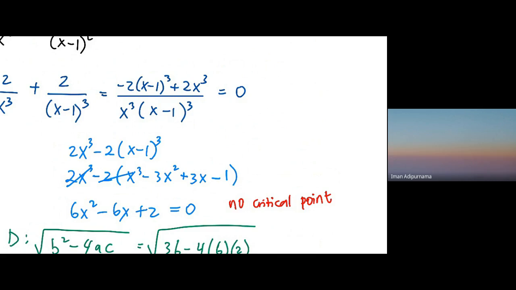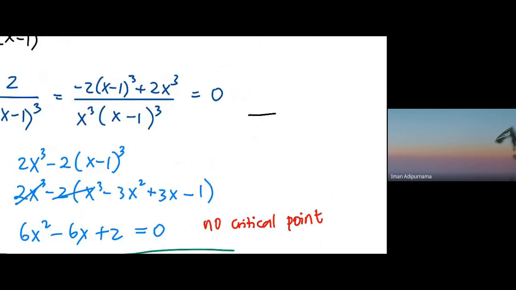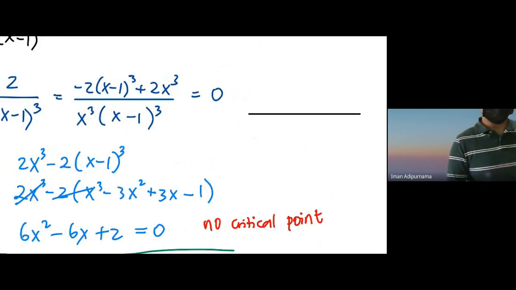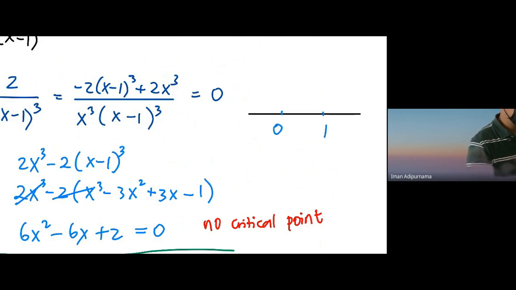We can check with a number line, checking with 0 and 1, and also they are our vertical asymptotes, right?